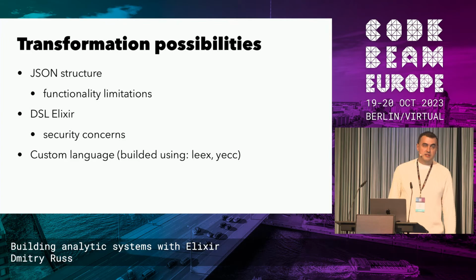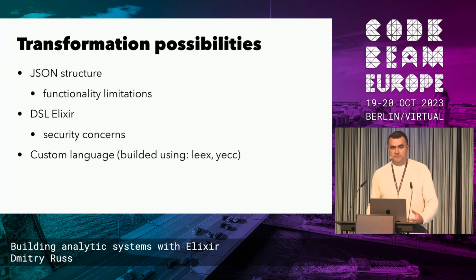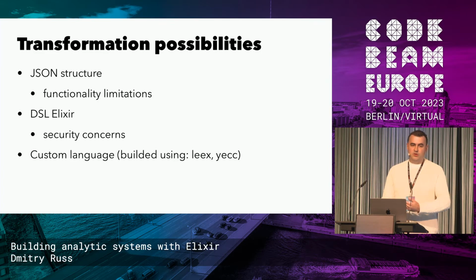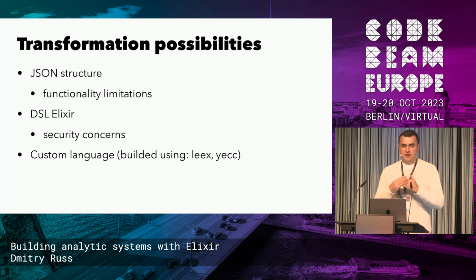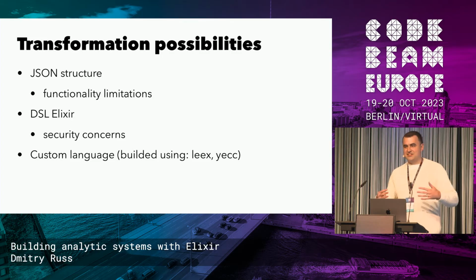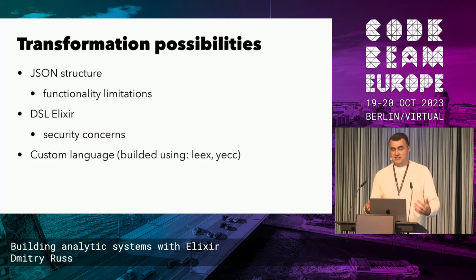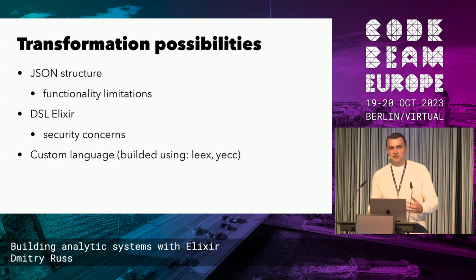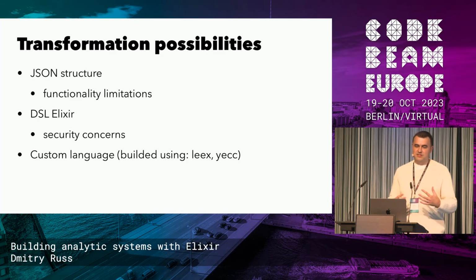But it has security concerns, because you still need to load a fully functional module which is written by developers into your system, and if they are not trusted people, you cannot just give this to, for example, a cloud. You have multiple users who just register and can upload any Elixir module with your DSL. You have some security concerns.